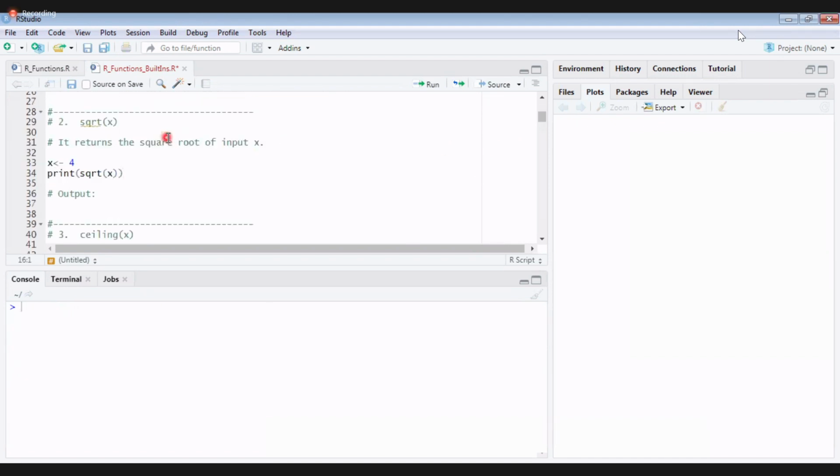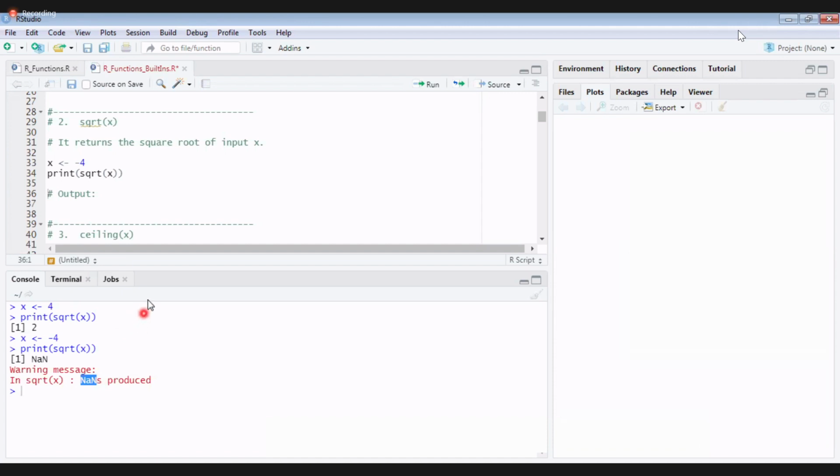Next function is the square root function. Suppose I assign x equal to 4, then what is the square root of x? 4 is 2. What is the square root of -4? I assign x equal to -4, and the square root of -4 is what? Error. It is telling NaN, not a number.